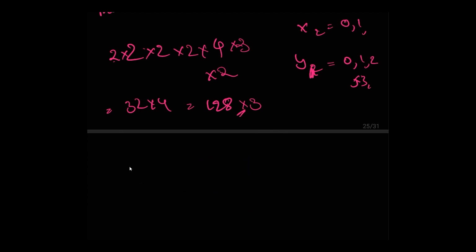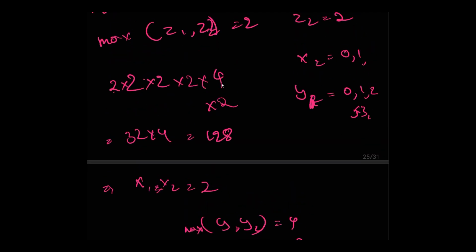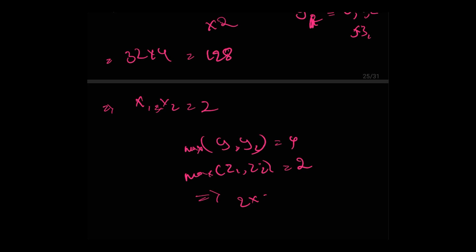For another case, x1 comma x2 equals, for this y1 comma y2 max equals 4, and max of z1 comma z2 equals 2. Therefore the number of ways here will be 2 into 4 into 2, 2 into 2 into 4 into 2, 32 ways.